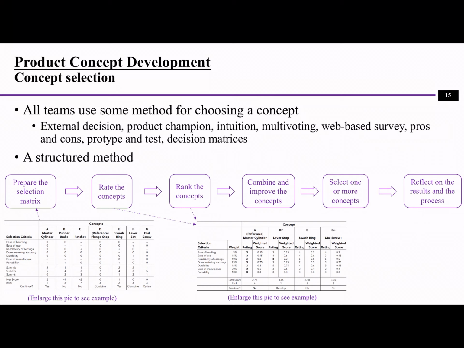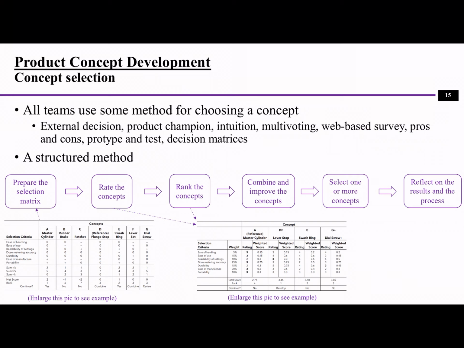Sometimes we can also do voting or surveys, or just simply list the pros and cons, or we can just do a prototype and then test it and do it again and see which one works, or we can do the decision matrix. Right, all these kinds of methods work in some way, but it's better to have a structured method so we do not miss anything.